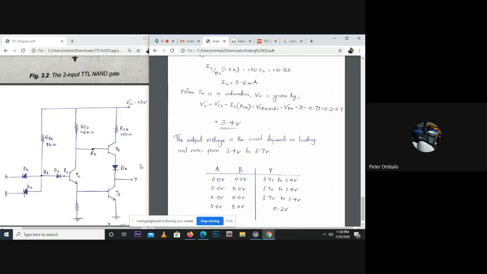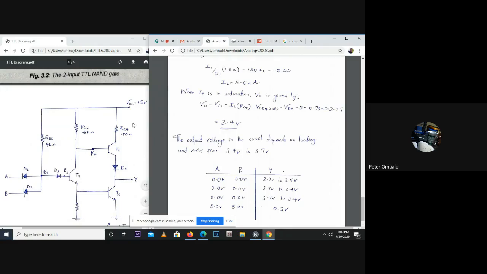So we have two values for the output when T3 is in cutoff and T4 is conducting: 3.4 and 3.7. 3.4 is when the load is maximum, so the drops are high. Whatever we end up with at the load is after the drops. So when the current is high, which means the load is high, there's more drop, and we end up with only 3.4 volts.